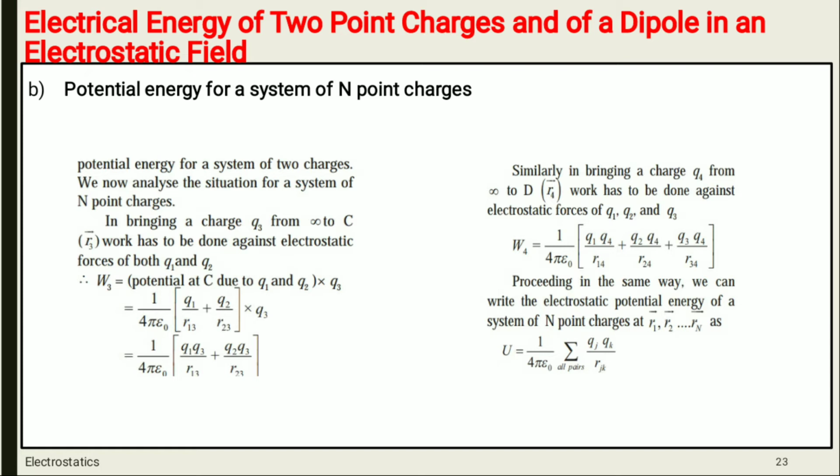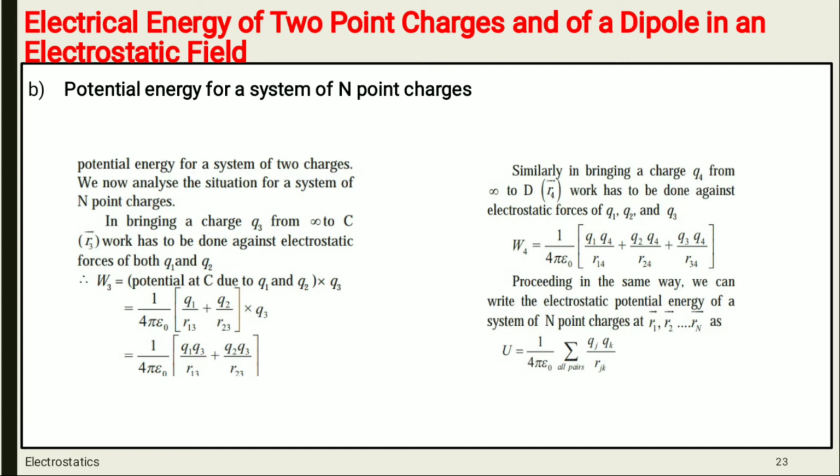What is R23? The distance between charges Q2 and Q3, multiplied by the charge itself, that is Q3. Simplifying this equation, it is 1 upon 4 pi epsilon naught, Q1 Q3 divided by R13 plus Q2 Q3 divided by R23.